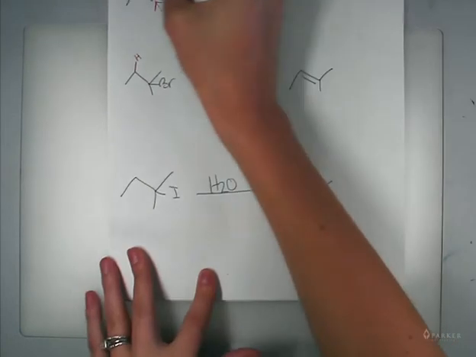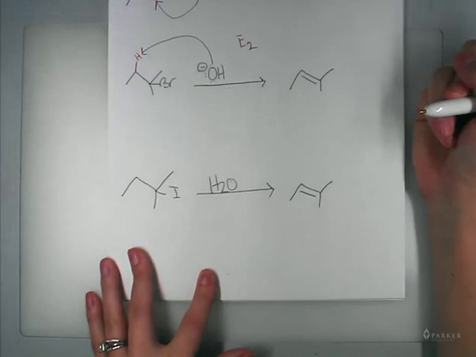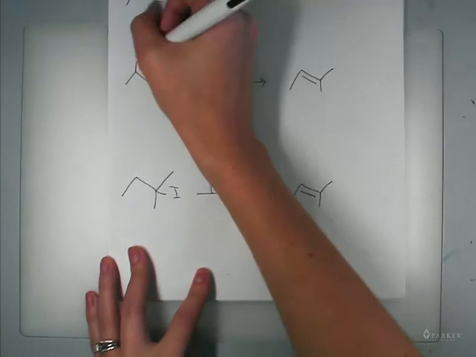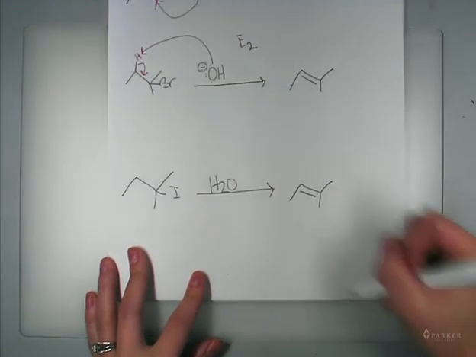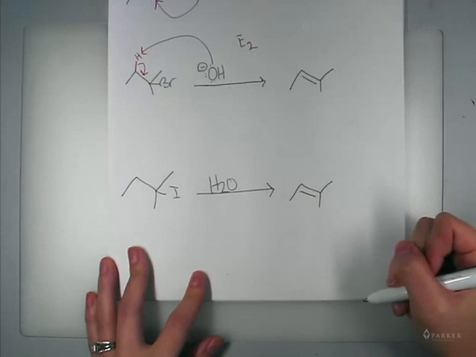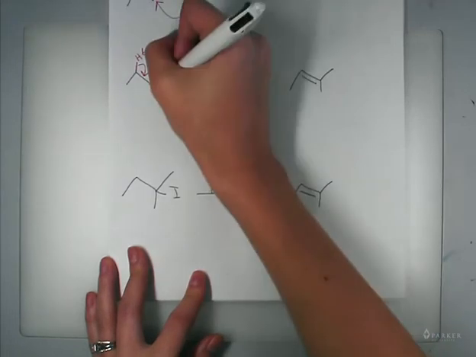So it's going to grab hydrogen. And what does hydrogen do? It leaves its electrons to make a double bond. And then what happens? Bromine leaves.